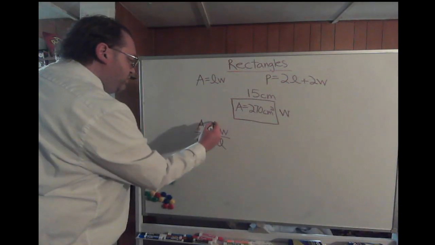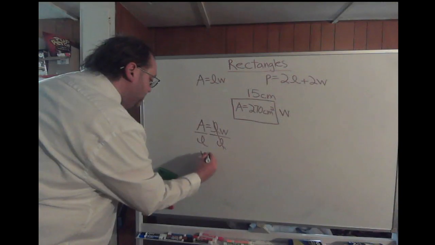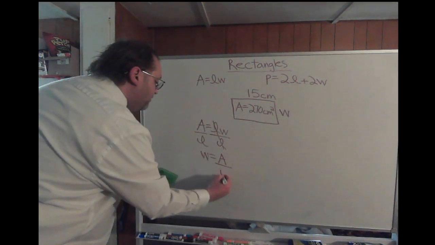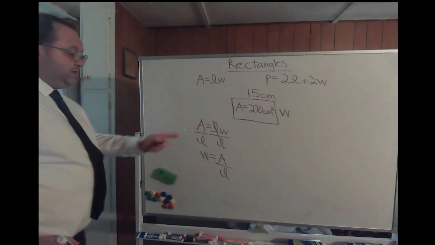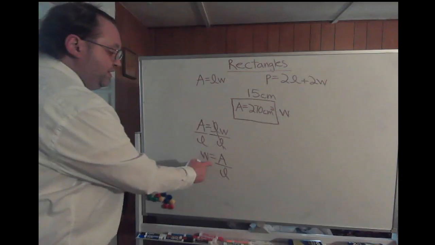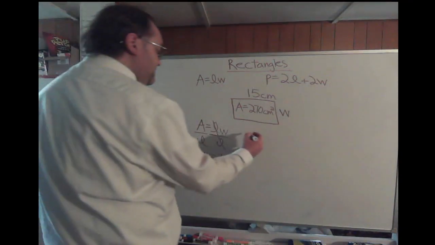So, of course, on the right side, the L's cancel out. You're left with the width, the W by itself. That's equal to the area over the length. If you want to find the width, then you just divide both sides by the length. You'll get the width is equal to the area over the length. Now we can plug this in real life here.